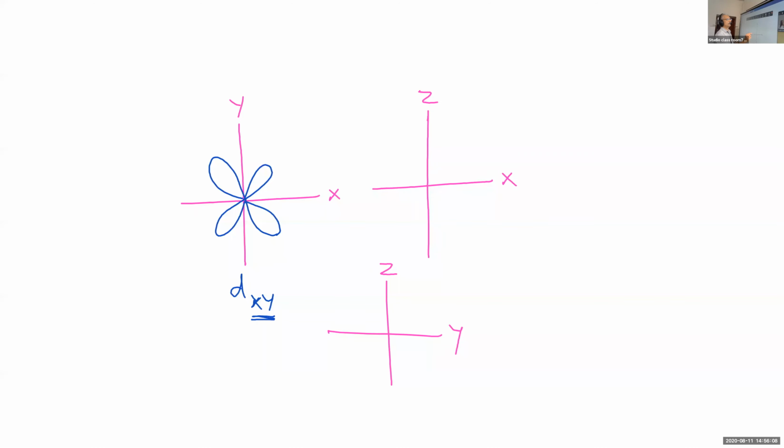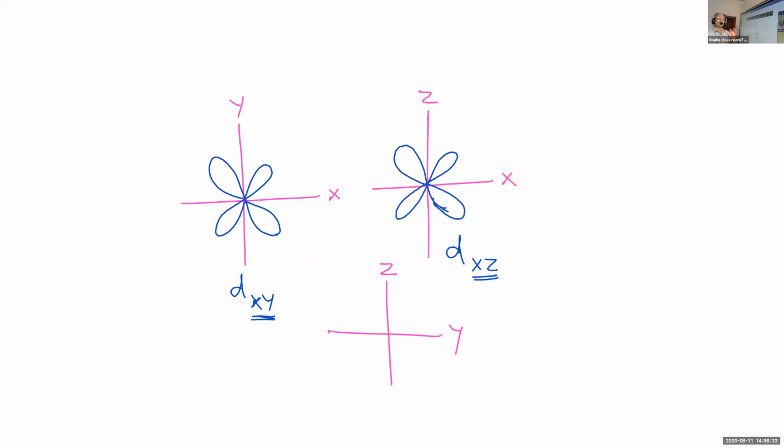Now you go to dxz. That is also double dumbbell, and these are between x and z. See, here there is one dumbbell and there is another dumbbell. And this is dxz. You have marked only the x and z axes.